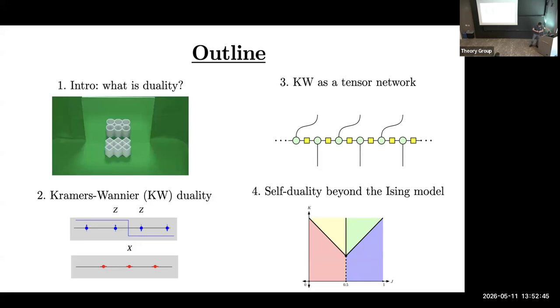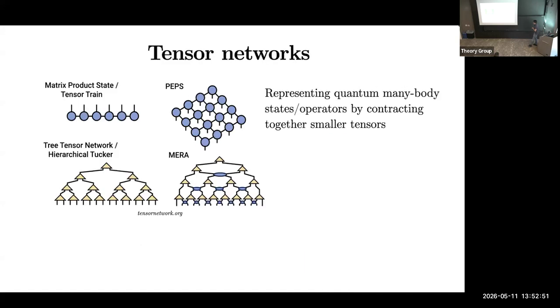Okay, so then let's talk about viewing this Kramers-Wannier duality as a tensor network. So what are tensor networks? These different dots here are tensors, and each leg of it is the number of ranks of your tensor.